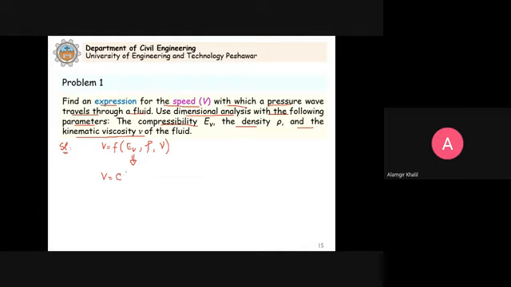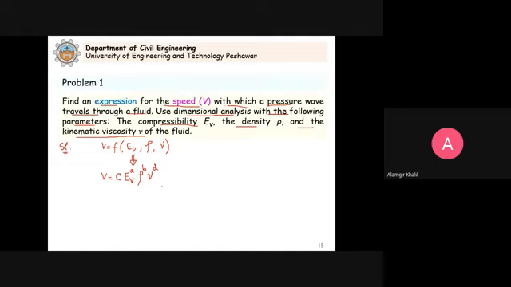To take care of that, we multiply with C. So this will be equal to E_V to the power A, rho to the power B, and kinematic viscosity to the power D. You can write down ABC or XYZ, no problem. So we have this power equation.